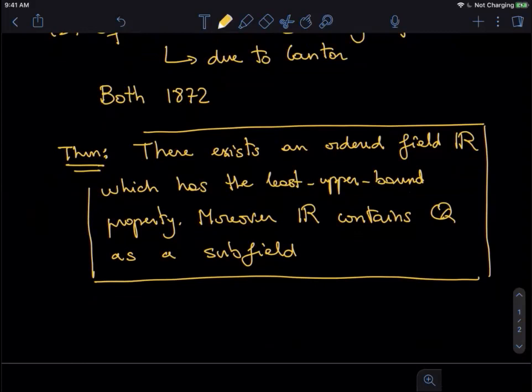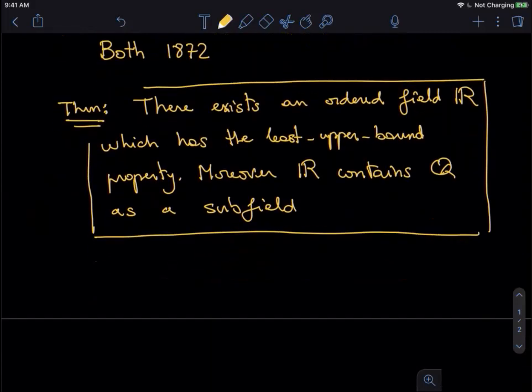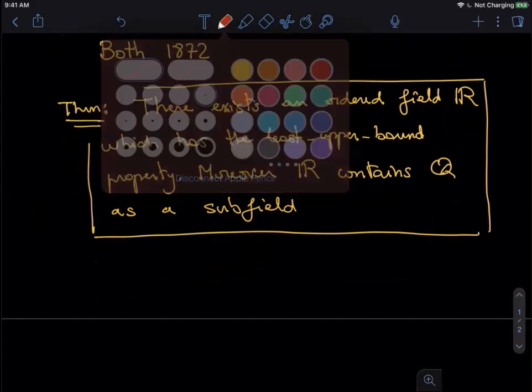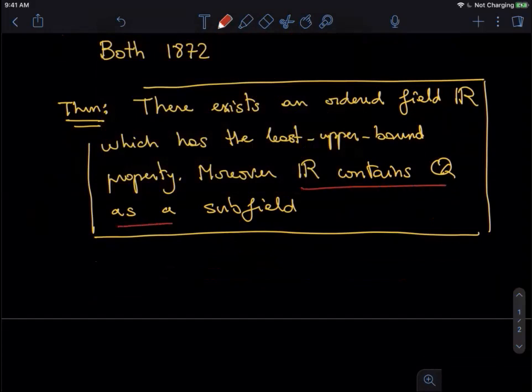The second part, saying that R contains Q as a subfield, is important because this means that we can do operations as usual.